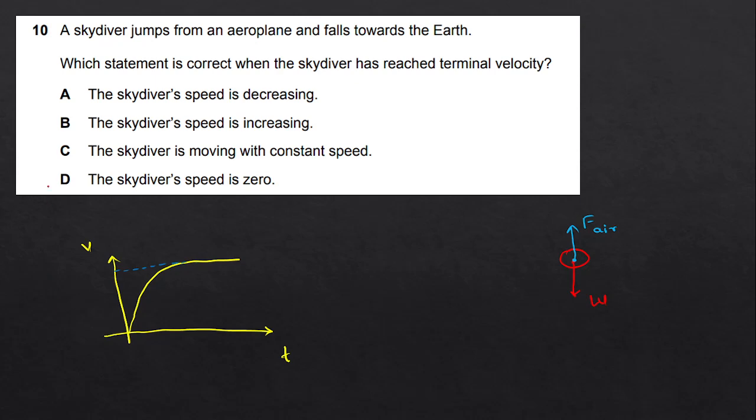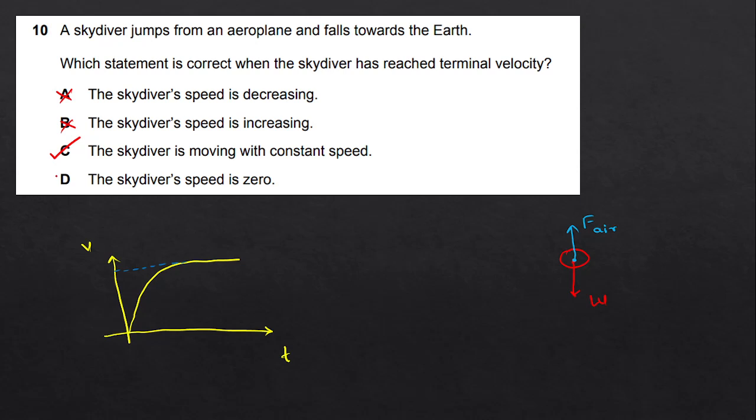Looking at the options, the skydiver's speed is decreasing is incorrect. The skydiver's speed is increasing is also incorrect. The skydiver is moving with constant speed is correct. Let's also take a look at the fourth option. The skydiver's speed is 0.